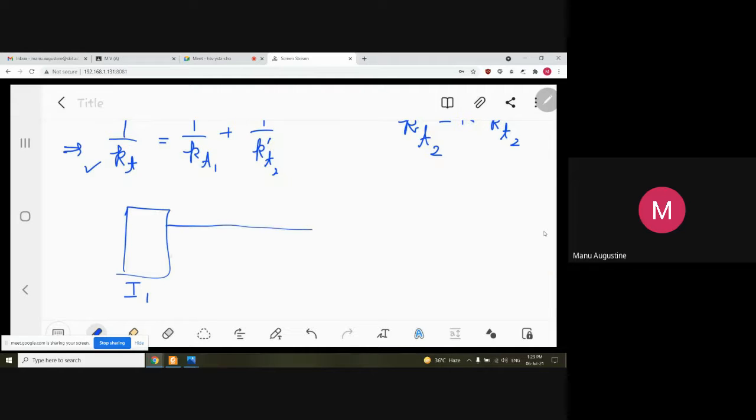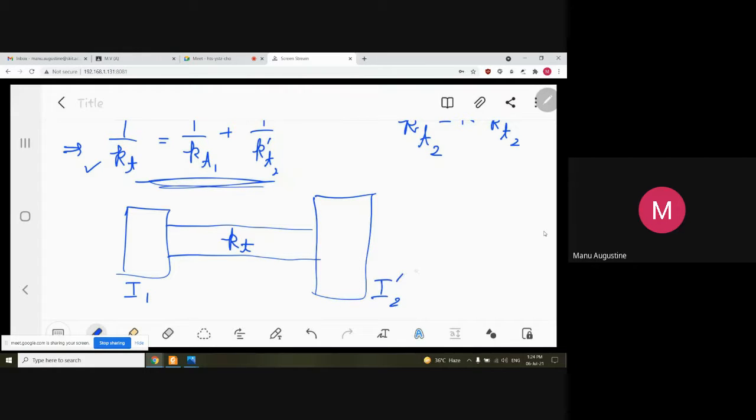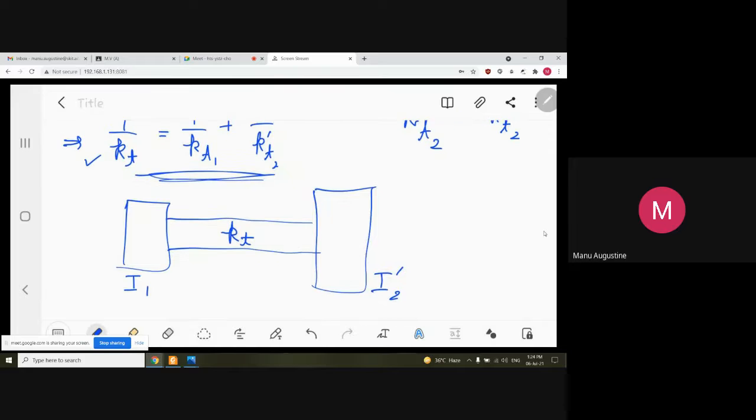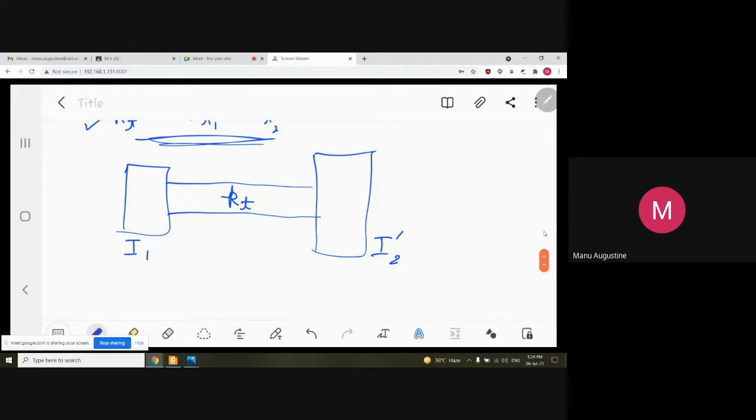I1, the equivalent shaft stiffness kt as obtained from the above equation, and I2 dash, the equivalent inertia of the pulley. Now this becomes a 2 degree of freedom system, and we follow the procedure for solving a 2 degree of freedom system exactly as we have dealt with in the previous classes.